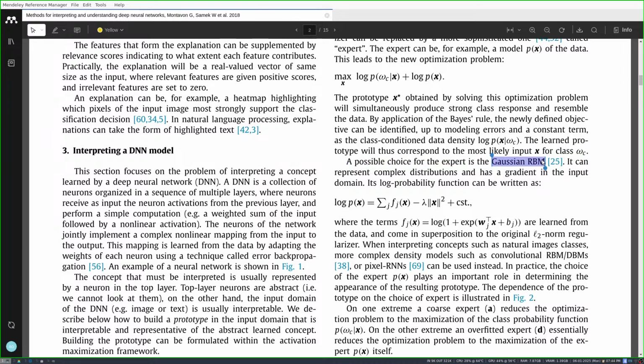Gaussian RBM can represent a complex distribution and has a gradient in the input domain. I don't understand exactly what that means. Its log probability function can be written as this.